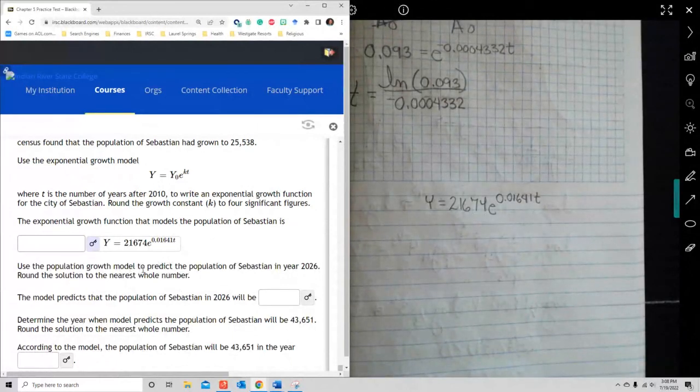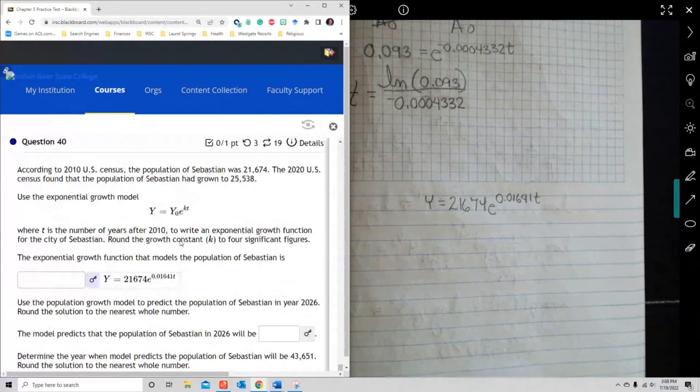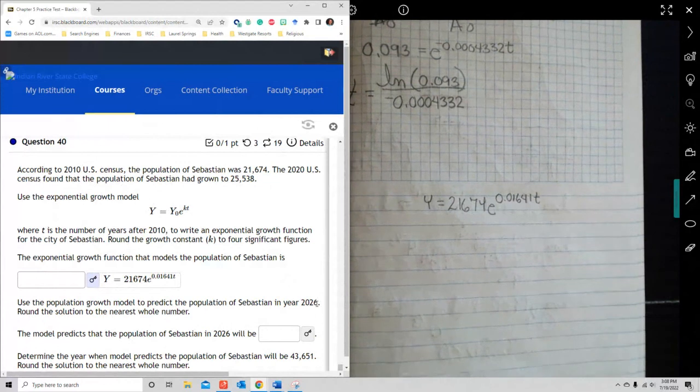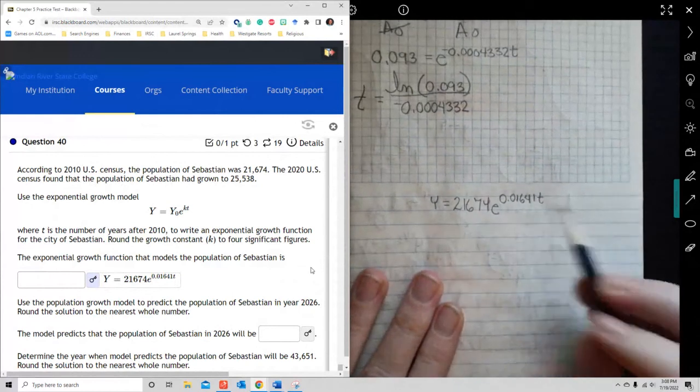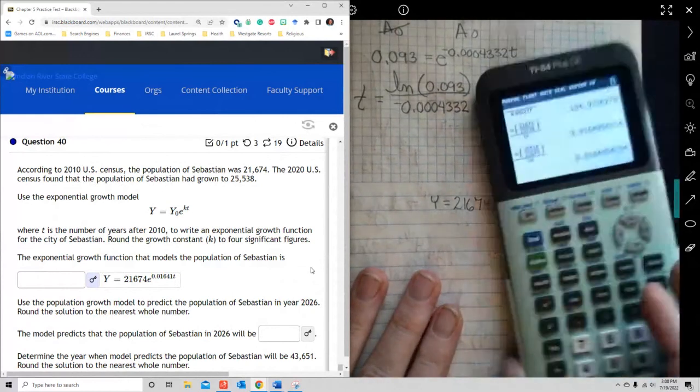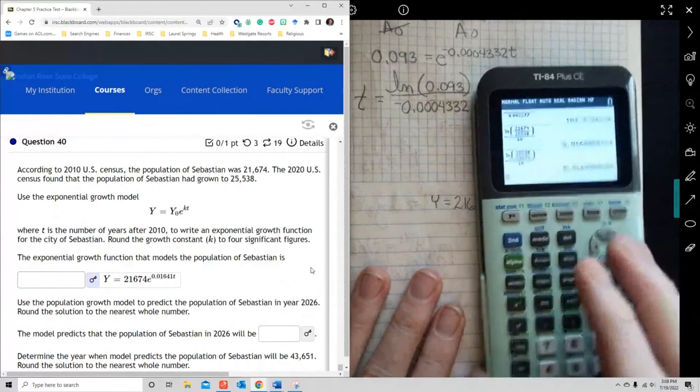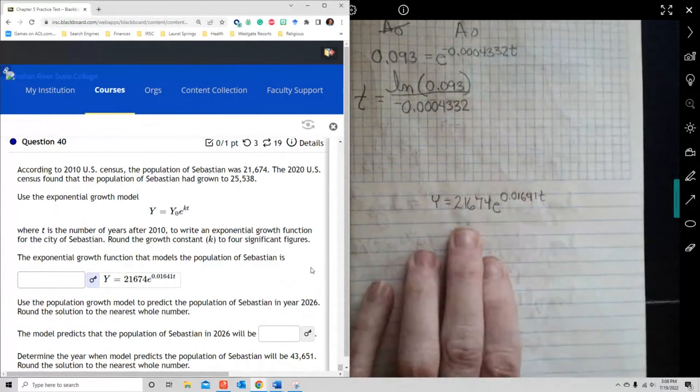Now it says use the population growth model to predict the population of Sebastian in the year 2026. Now 2026 would be how many years after 2010, and of course that's 16 years later, right? So now that would be where you change t to 16. So you just drop in your calculator the value, and I'm going to just put it in there.